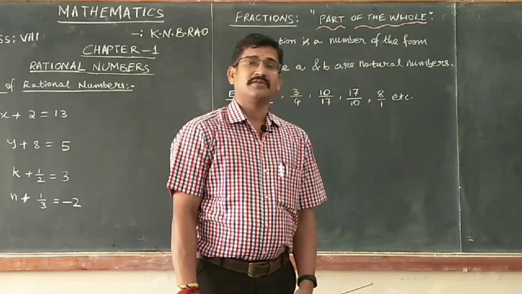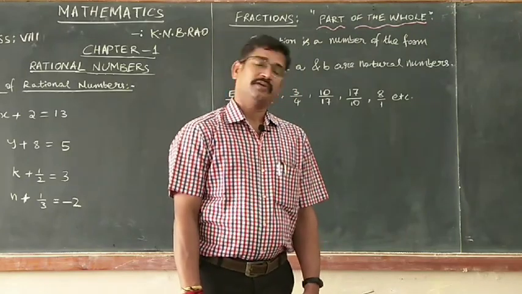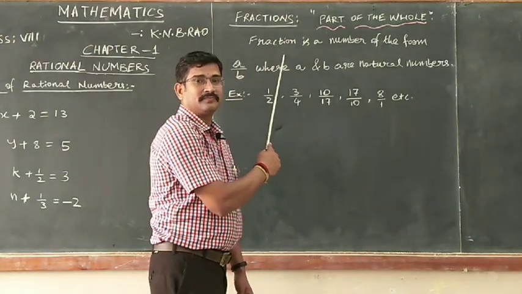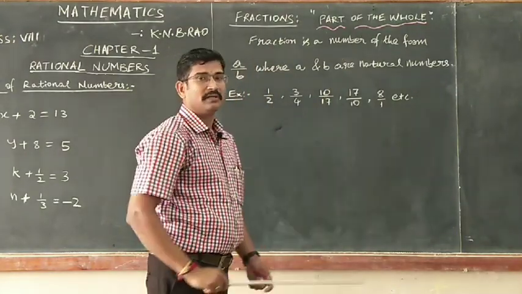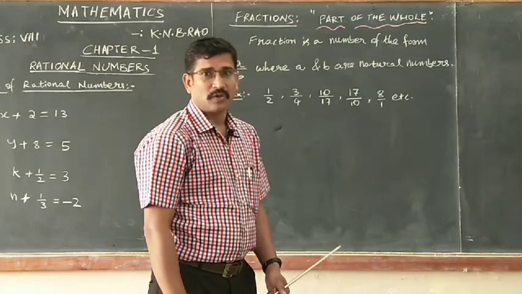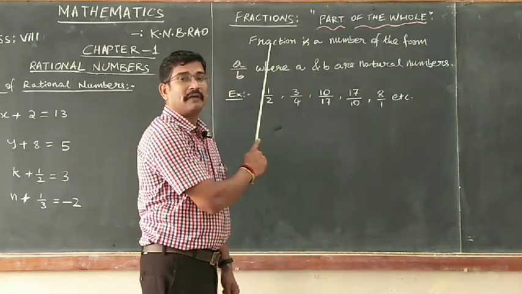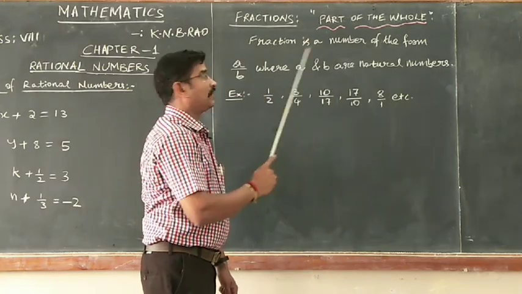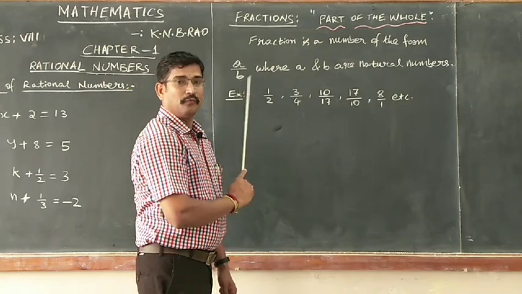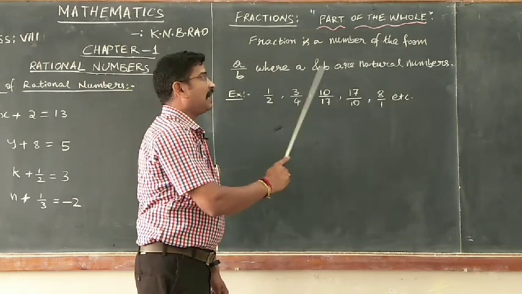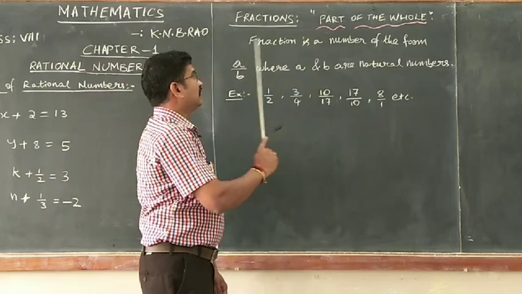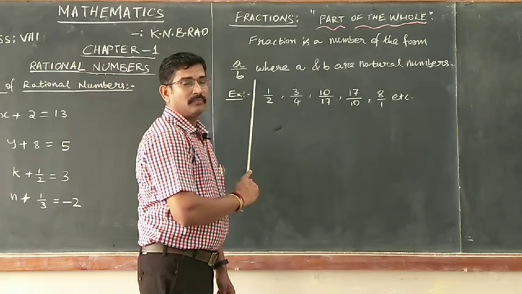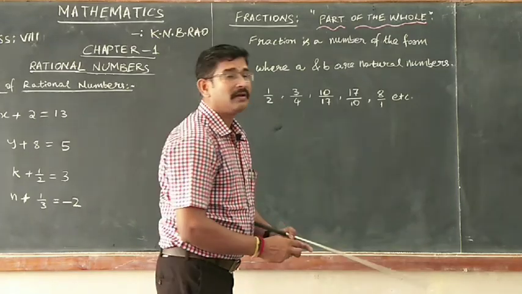Children, you learnt a better definition for fractions in your 7th standard. Apart from this part of the whole definition that you learnt in your lower classes, you learned that a fraction is a number of the form a by b, where a and b, that is numerator as well as denominator, both are natural numbers.